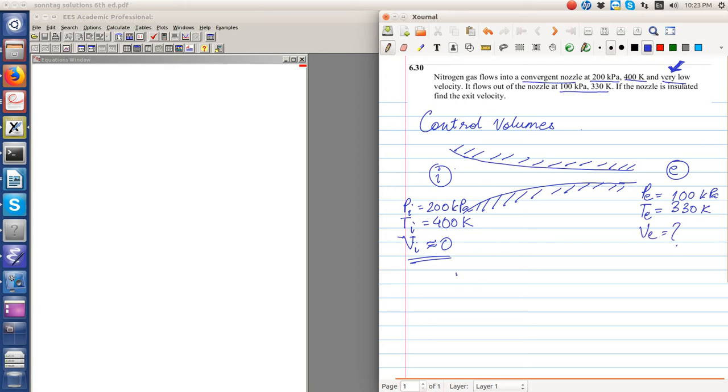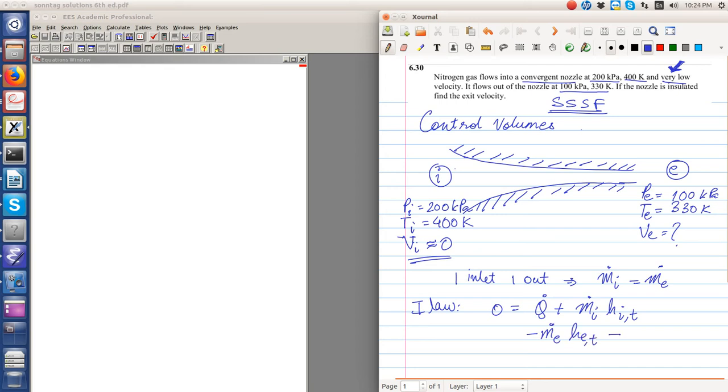Because there is only one inlet and one outlet, conservation of mass is trivial: m dot i is equal to m dot e. The first law tells me that in a steady state steady flow process, 0 is equal to Q dot plus m dot i h i total minus m dot e h e total minus W dot.